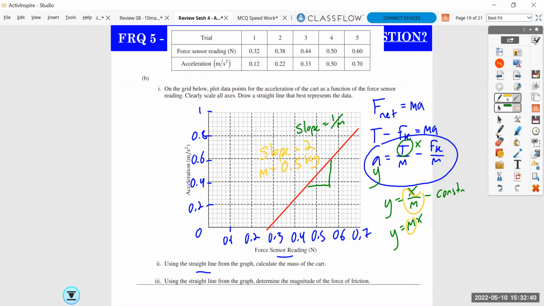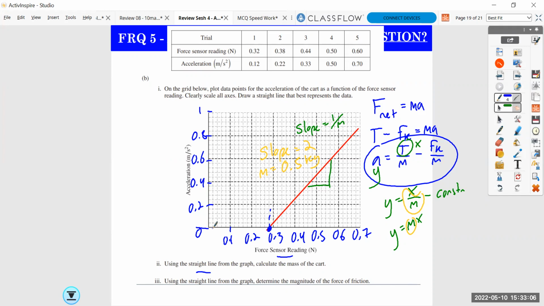What about the magnitude of the force of friction on the cart? Well, one thing about this line is it has an intercept, right? And think about what this intercept means. It means in this case that if I'm pulling with a force of this, my acceleration is nothing. If I'm pulling and getting no acceleration, that means my forces are balanced.